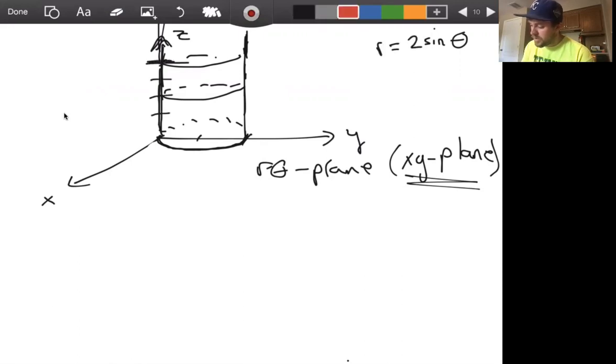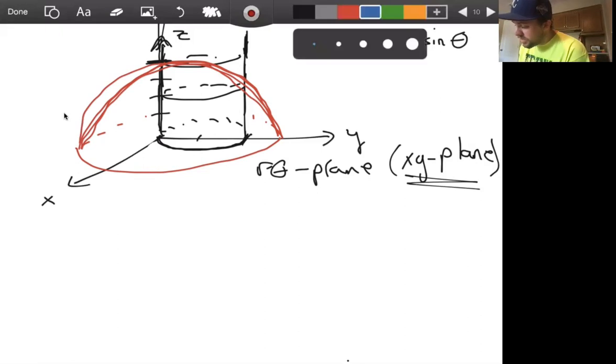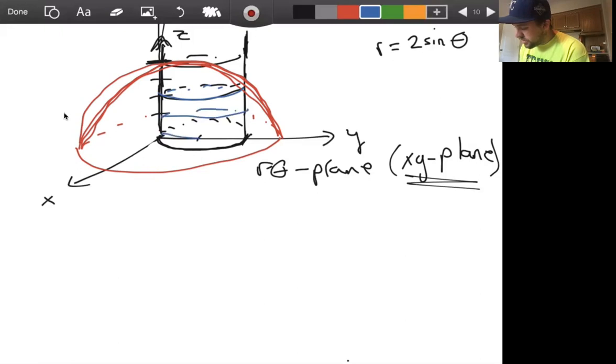And I'll draw it in red. We have some sphere. And you can kind of imagine how this sphere intersects this cone. And we get, or there's not this cone, but this cylinder. And you can see that their intersection is what I'm going to draw in blue here.